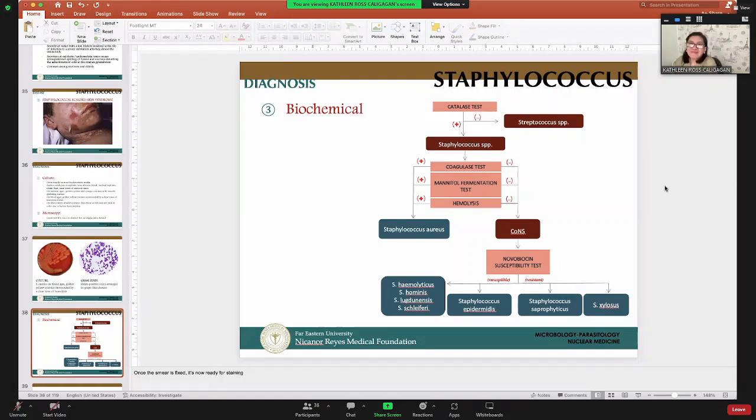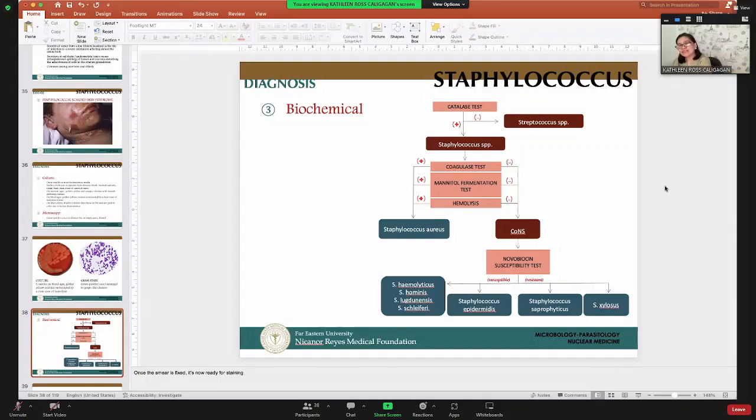The schematic diagram or the schema starts by doing a catalase test to differentiate it from Streptococcus. So catalase positive, Staphylococcus, then you perform coagulase, mannitol, and hemolysis. So these tests here will differentiate staph. So you get a positive test for Staph aureus.